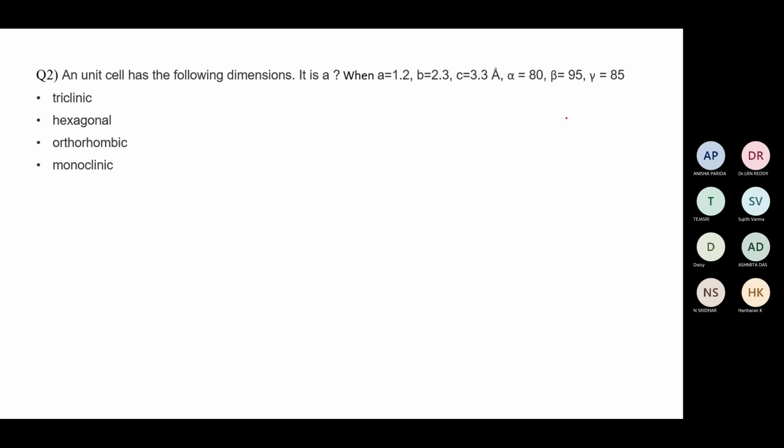Triclinic. It's triclinic. Does anyone have a different answer?